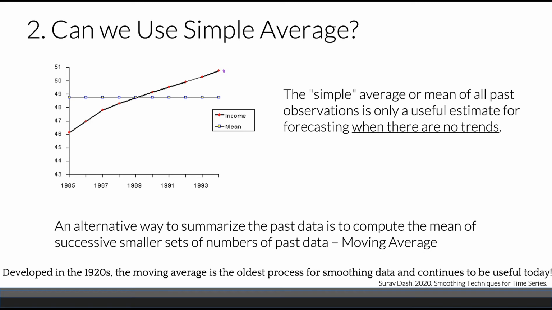So instead of taking the entire time series and averaging it out, we'll take much smaller time windows and average them. By the way, the moving average was developed in the 1920s, so it's the oldest process for smoothing data, but it's still very popular and very useful.